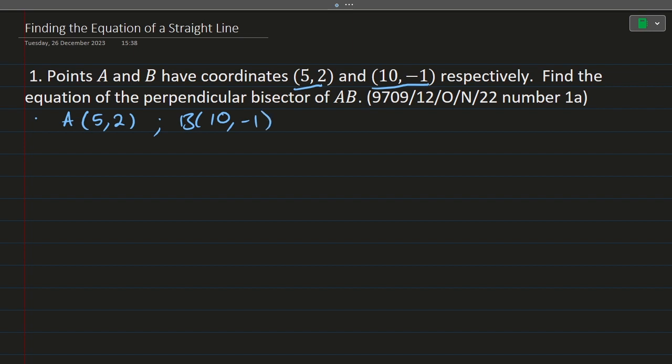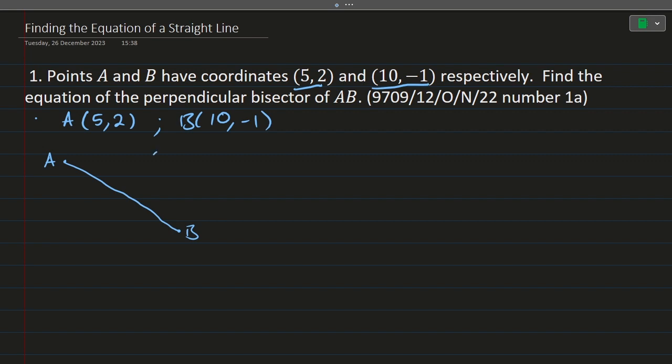So let's sketch a diagram to see what's going on. So we'd have A being somewhere here and B being somewhere here. And if we join the two dots, we get our line AB. And so we want to find the equation of the perpendicular bisector.